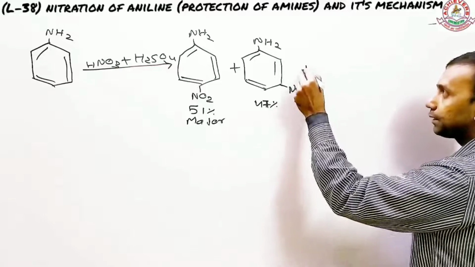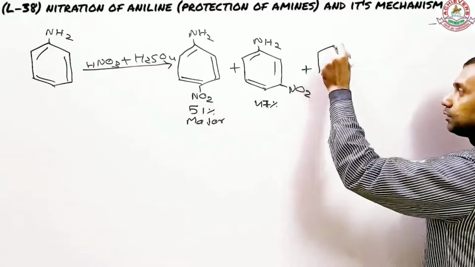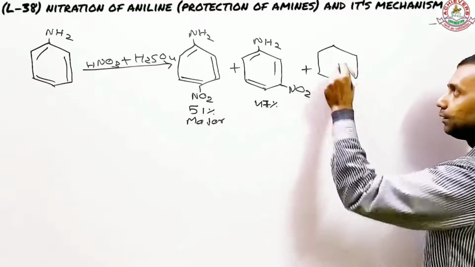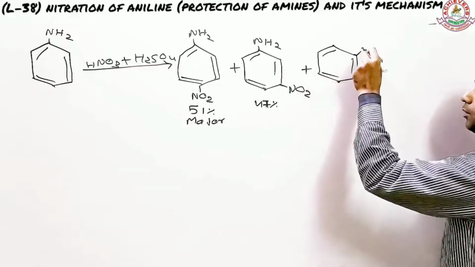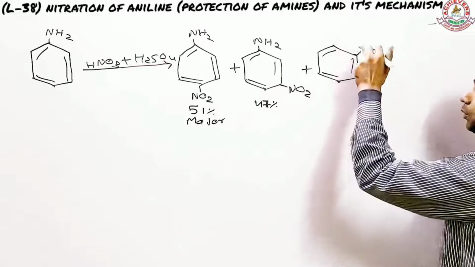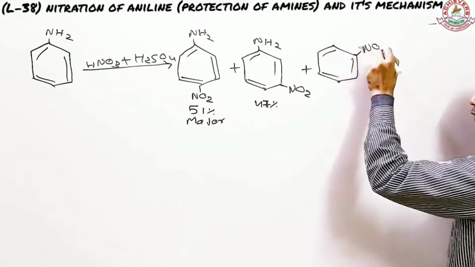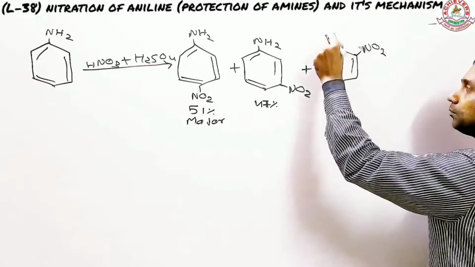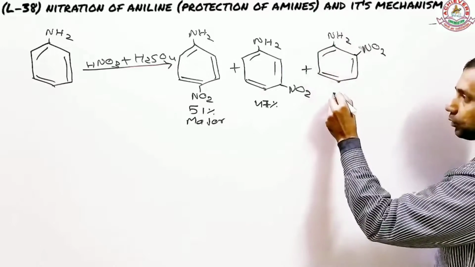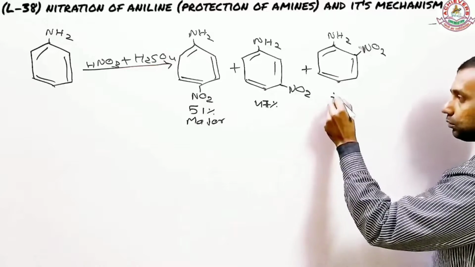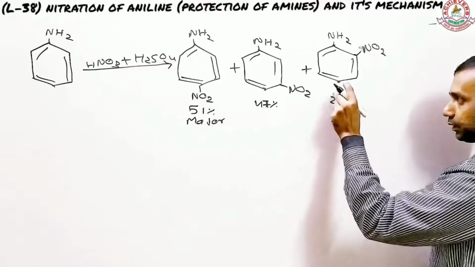And along with that, you have something you might be expecting as well, and that is ortho-nitroaniline, NO2 and NH2. So this is about 2 to 3%, 2%.